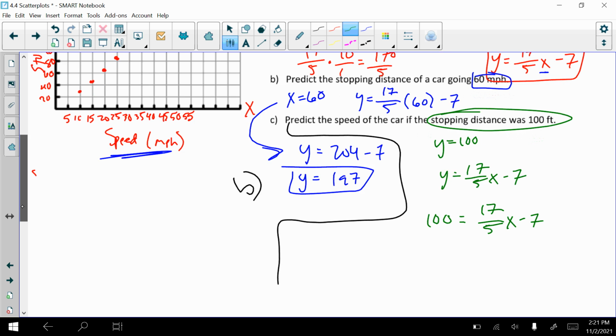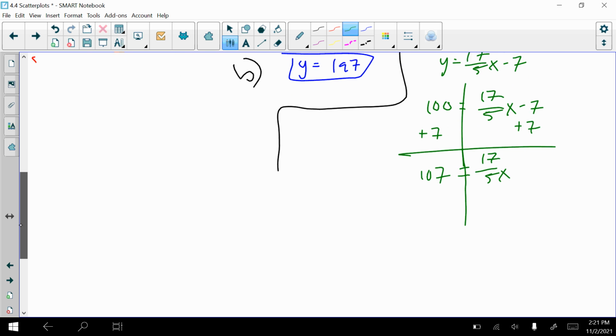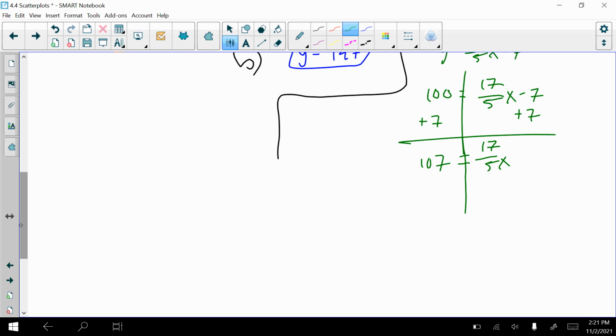And now I'm just solving this equation for x. So I'll add 7. I get 107 equals 17 over 5x. And now I need to solve this thing for x. Well, remember we talked about if you got a fraction multiplied by your variable, quick trick to get rid of it is just multiply, flip it, and multiply.